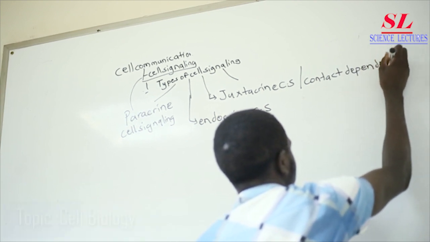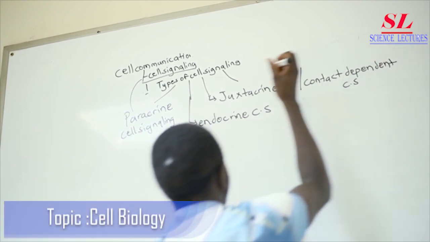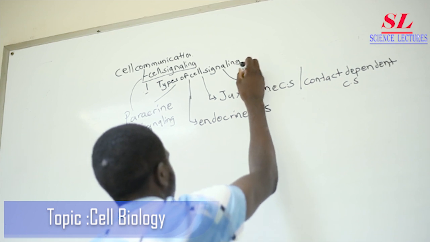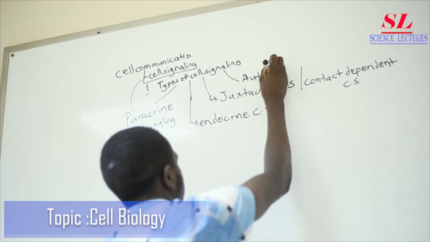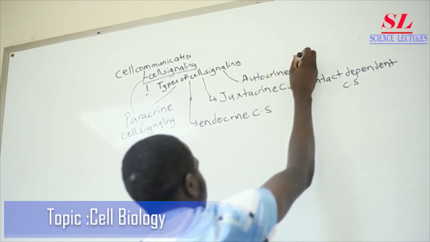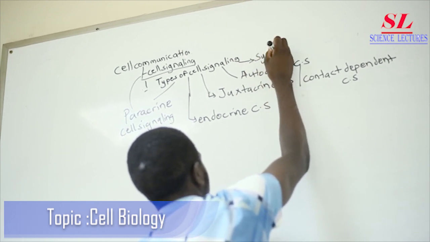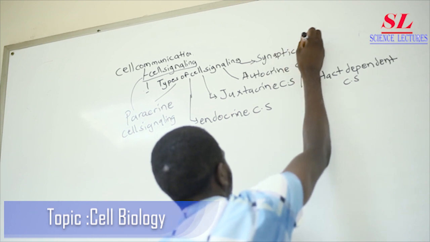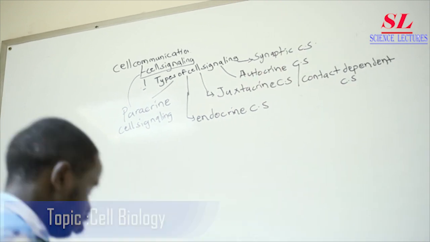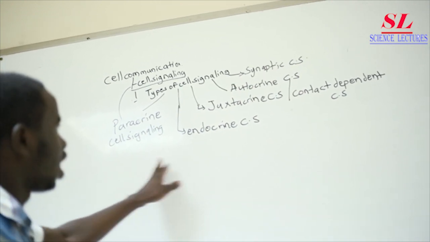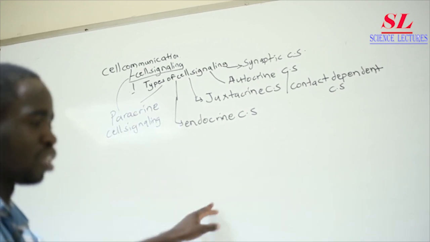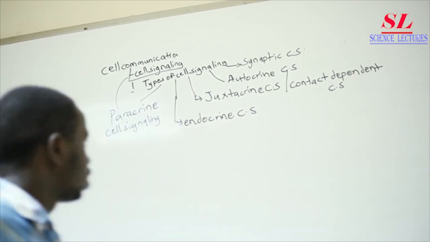Then we have what they call autocrine cell signaling. And lastly we have what they call synaptic cell signaling. And all these are classified depending on their distances, as we are going to be seeing.